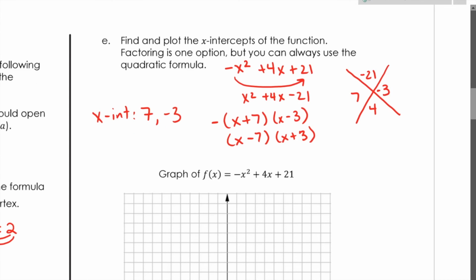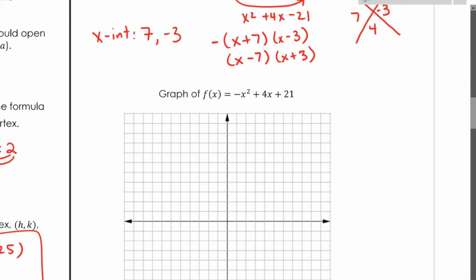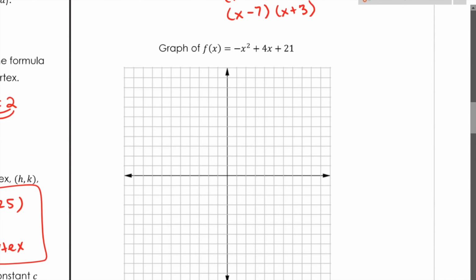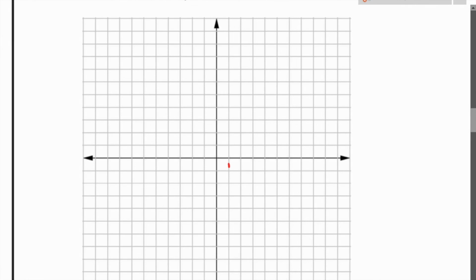Okay, let's graph the last one. Let's go up by ones on the x's again. I'll zoom in a little bit. I have 1, 2, 3, 4, 5, 6, 7, 8, 9, and 10. I have negatives going this way: -1, -2, -3, -4, -5, -6, -7, -8, -9, and -10. For my y's, I'm going to go up by 3's.